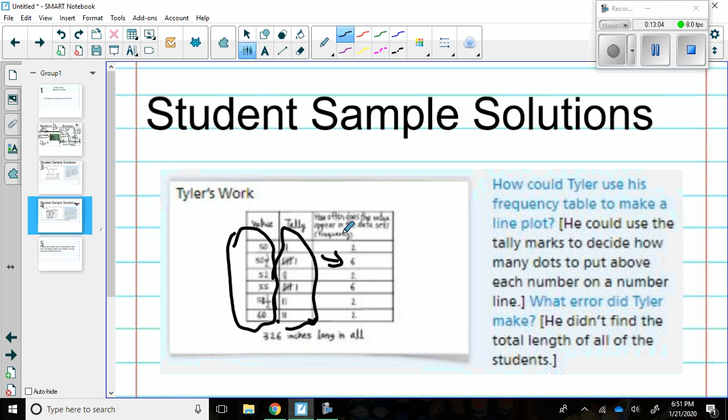Now, what error did he make? You can see here that he got 326 inches long total. What I'm thinking he did is that he added all the numbers right here in this column, but he wasn't considering the fact that there were several students who were the same heights that he didn't account for.